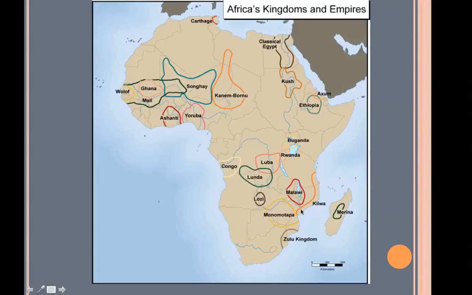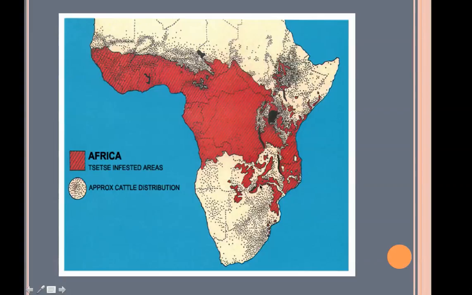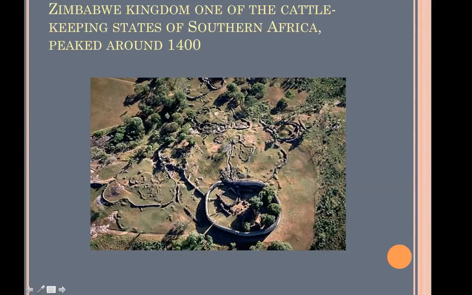If we look at this empire down here in today's Zimbabwe, it's an area where you see even today very few tsetse flies, so it's perfectly possible to keep cattle in this region. They combined the African grains, millet and sorghum, with cattle keeping and were able to create a fixed society because they could incorporate cattle manure into their agricultural mix.